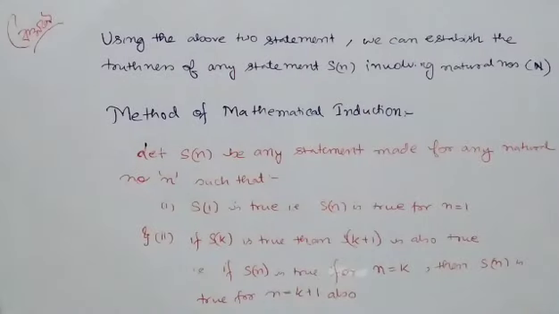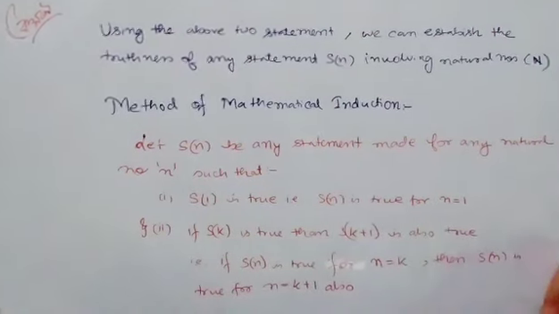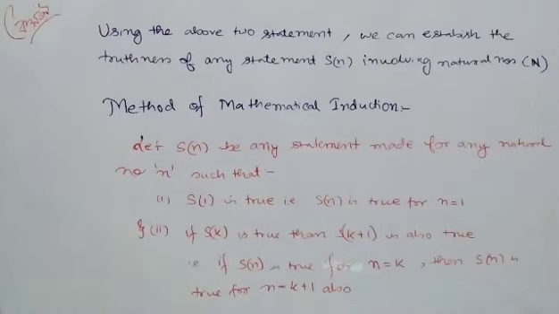So students, using these two statements above, we can establish the truth of any statement involving natural numbers. What is the meaning of it? We got two statements: 1 is the least natural number and belongs to the set of natural numbers, and if n is a natural number, then the next natural number is n plus 1.